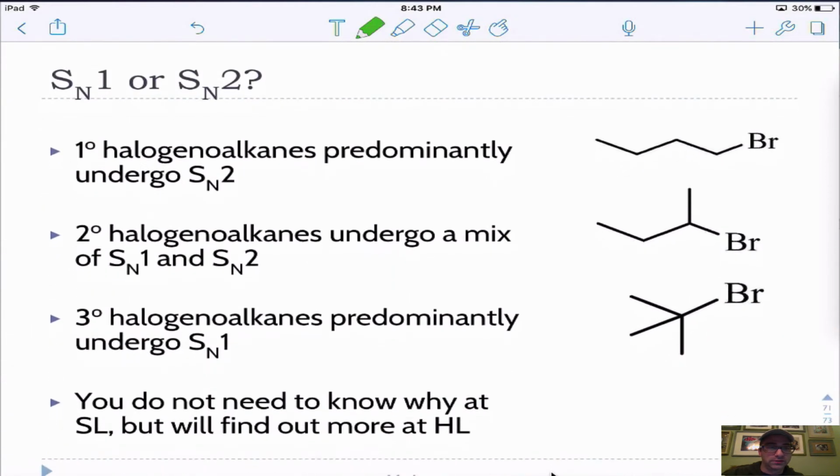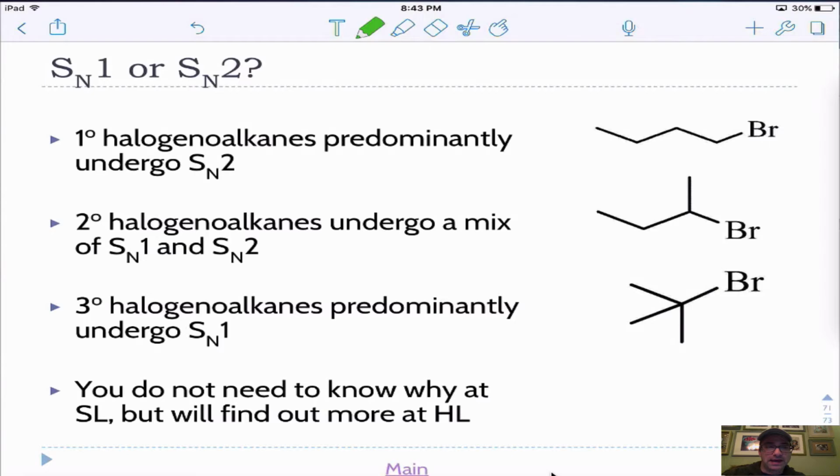So here's just a quick summary. If you have a primary halide, then it's going to undergo that SN2 reaction that we just saw. If you have a secondary halide, you're going to have a mix between an SN1 and an SN2, but the reaction will result in the same product.